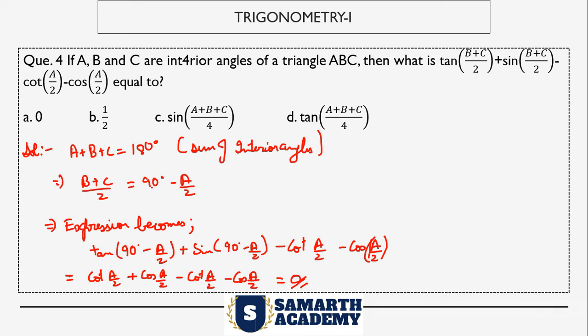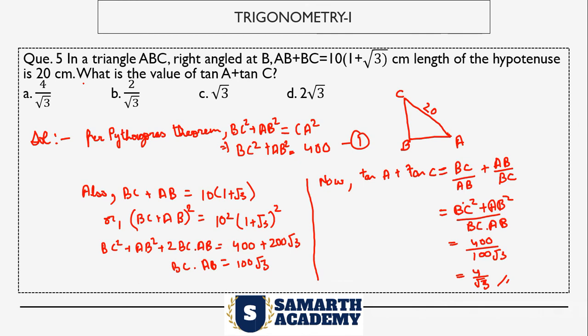Using the allied angle property, tan of 90 minus A by 2 is the same as tan B plus C by 2. And tan 90 minus theta is cot theta, so this becomes cot A by 2. Similarly for sine, it becomes cos A by 2. Then we have the same expression in negative, so cutting each other out, the expression becomes equal to 0.